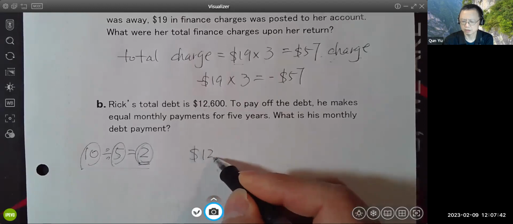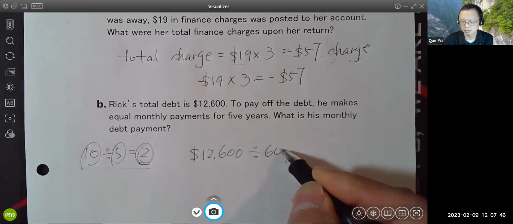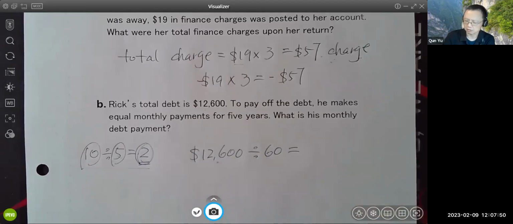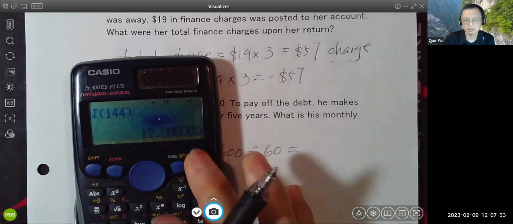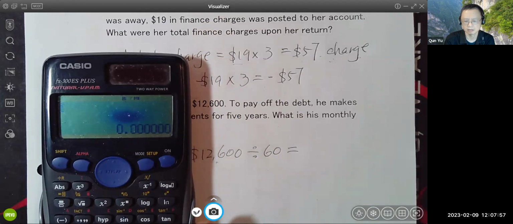So 12,600 divided by 60 months, we get dollars per month. So let's use a calculator this time. I guess it's 210, but let's not make some silly mistake. 12,600 divided by 60.